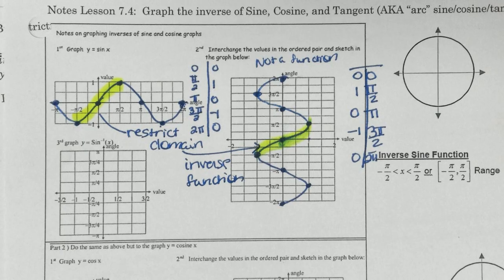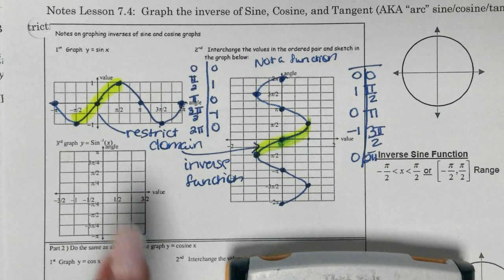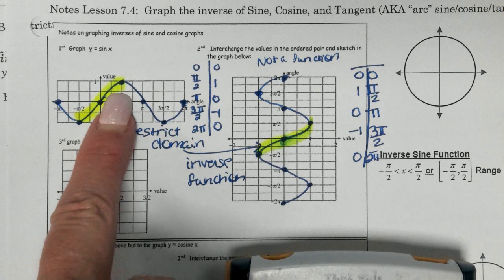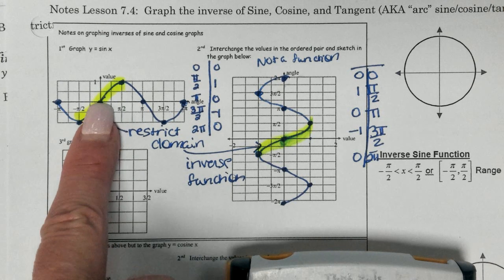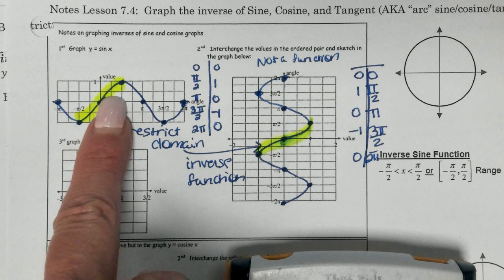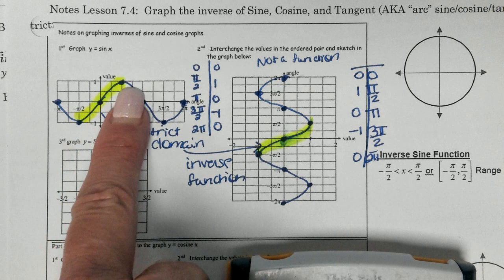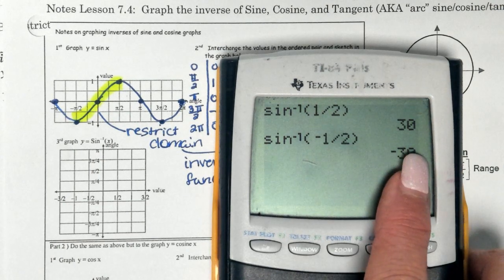Now, I want you to go back to looking at your calculator. When I plugged in values from my sine ratios, and they were positive, it gave me a value in quadrant 1. Sine of +1/2 is 30.